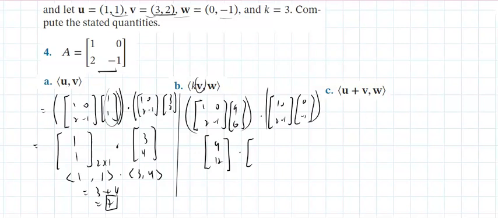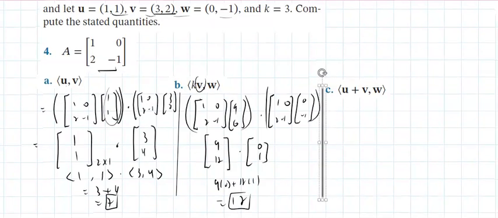And I'm going to dot that with 0, 1, and that's going to be 9 times 0 plus 12 times 1, which is 12. All right. It turns out the first couple of problems are the longest.